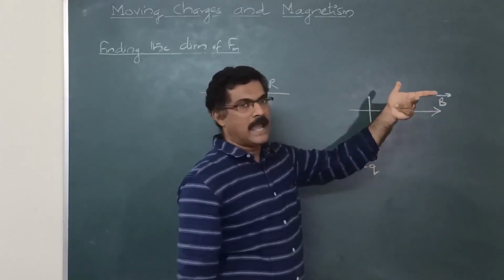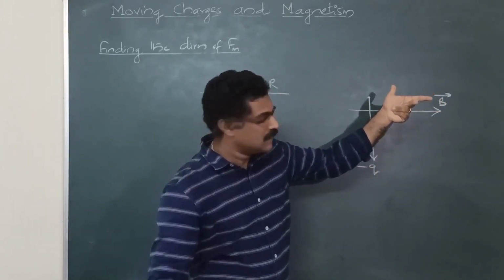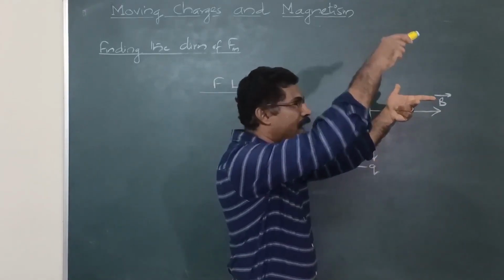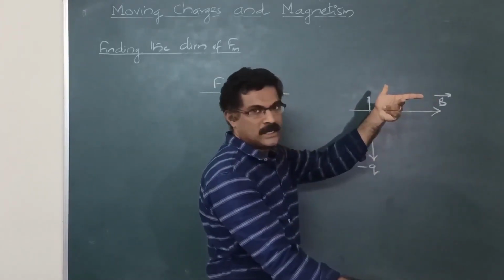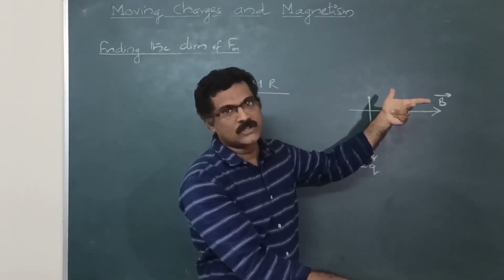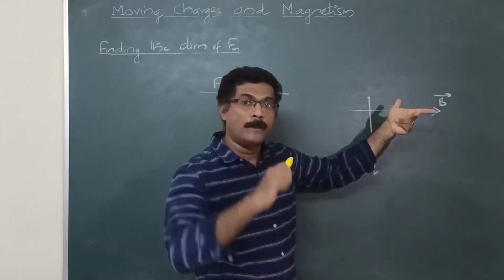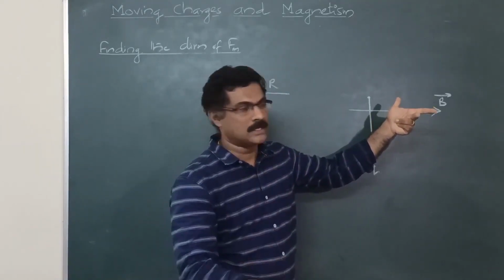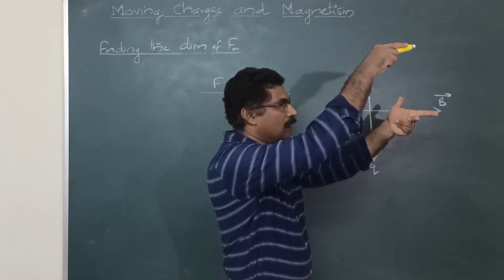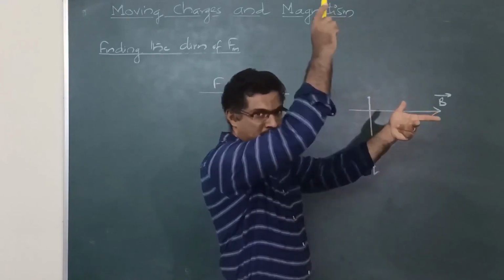The central finger is in the direction of current, not in the direction of motion of the charge. Here the negative charge is moving downward. Then what is the direction of current? We know that the direction of current is along the direction of positive charge or opposite to the direction of negative charge. Since the negative charge is moving downward, the direction of current is upward.